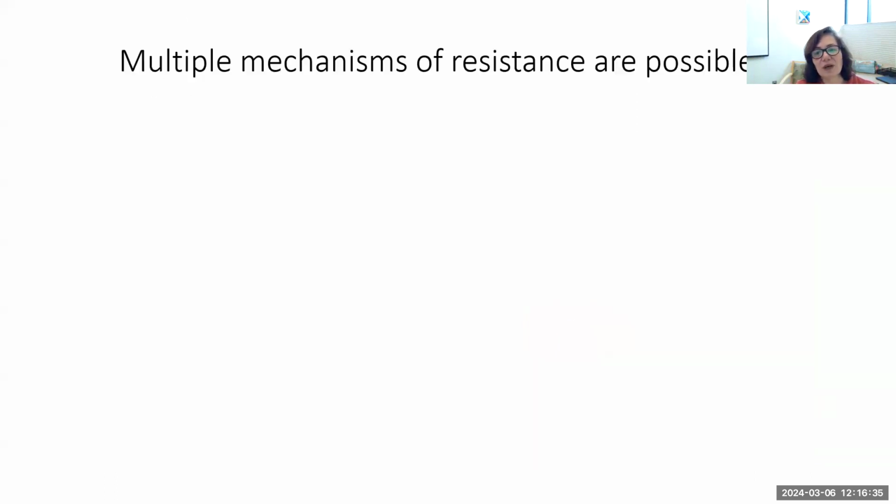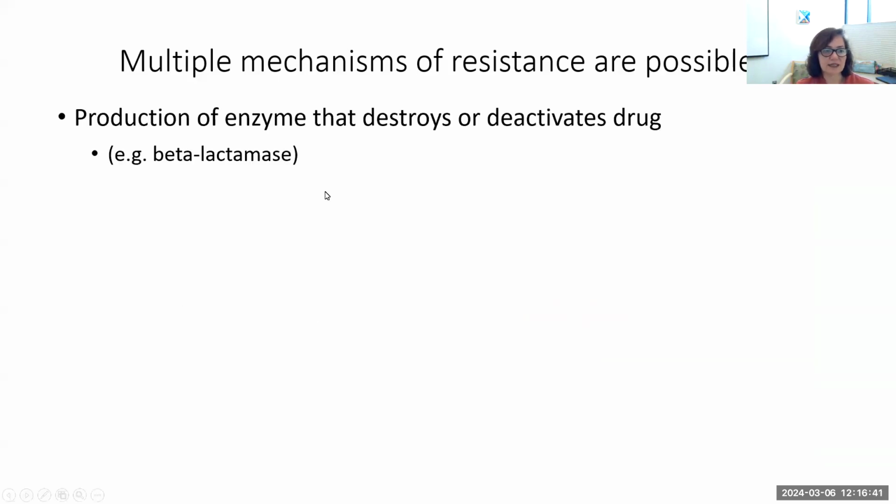And we have already identified that there are multiple mechanisms of resistance. I've already told you about one, and that's this one, the production of an enzyme that destroys or deactivates the drug. The drugs of interest would be beta-lactams, like penicillin or amoxicillin. And some bacteria have now evolved an enzyme that can actually just snip that beta-lactam ring.